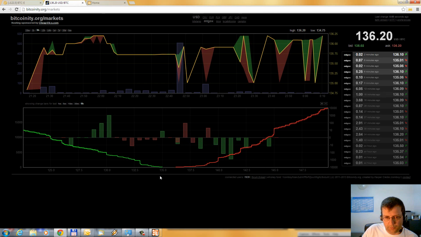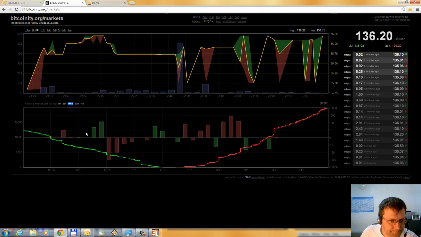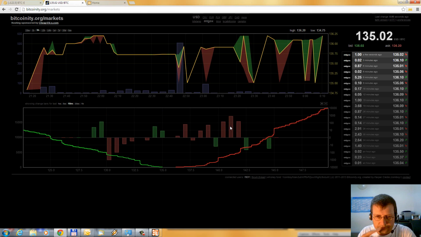Well, why is this so? Let's go back to this 10-minute time window. On the right side, these bars are asks, so they are making this curve steeper, making it harder for the price to go up.